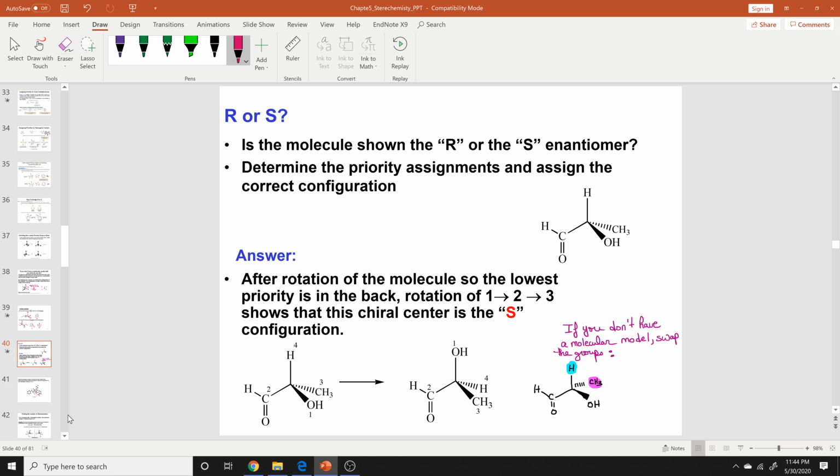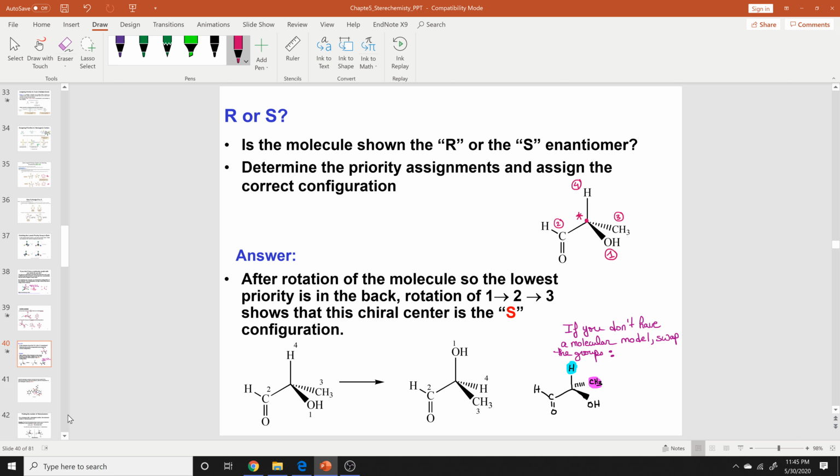So here let's set the priorities. This is my chiral center. I have my CO, so this is priority 1. This is a C2Os, this is priority 2, and then this is priority 3, and that is going to be priority 4 in this case.